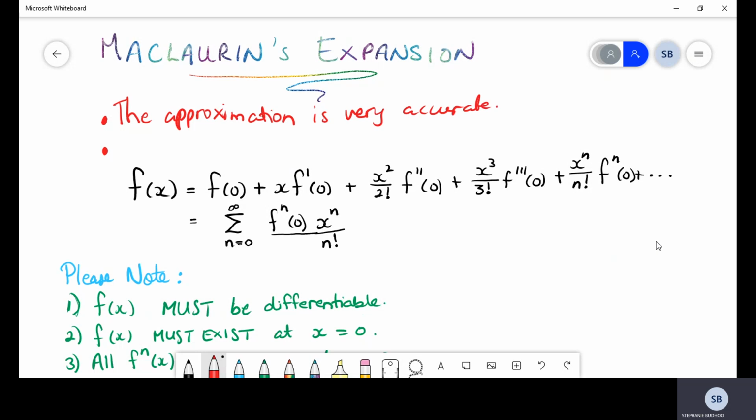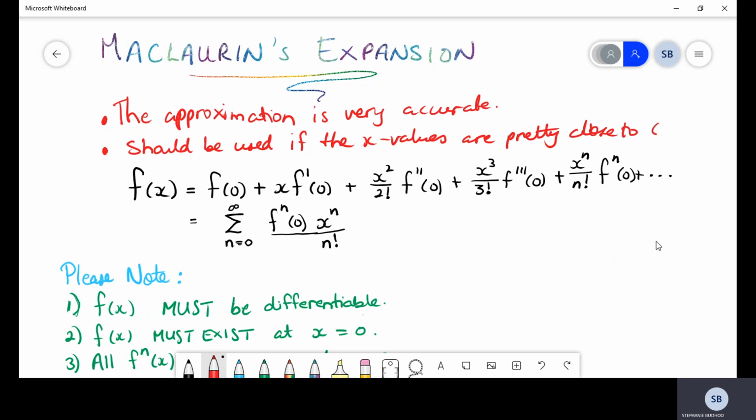And the second point, our condition: it should be used if your x values are very close to 0. Pretty close to 0. All right. Let me just correct that there.